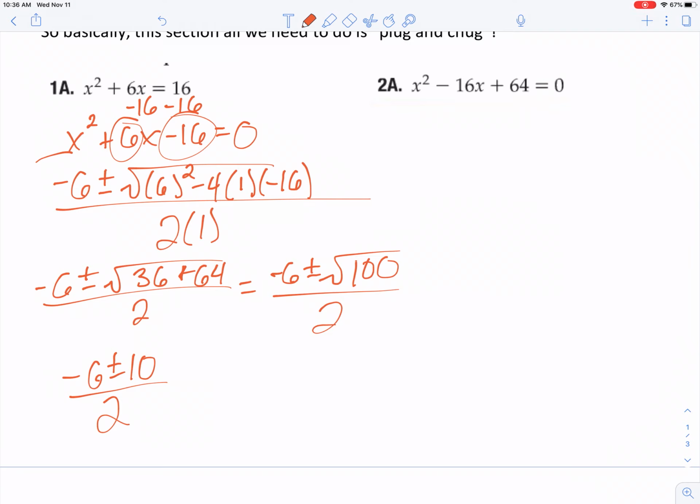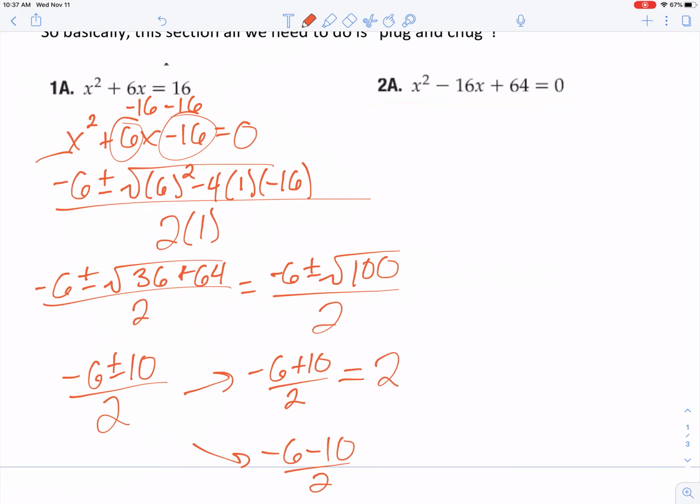Now you actually have 2 equations. One equation is going to be utilizing this plus sign, and the other equation is going to be utilizing the minus sign. So negative 6 plus 10 divided by 2, negative 6 minus 10 divided by 2. Okay, solve those. Negative 6 plus 10 is 4, and 4 divided by 2 is 2.